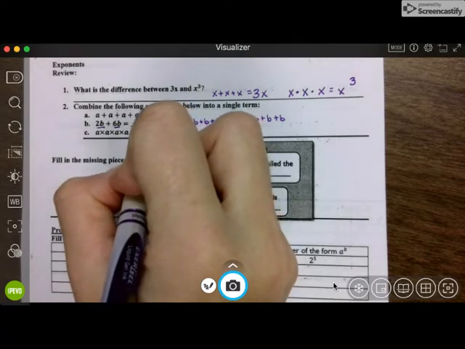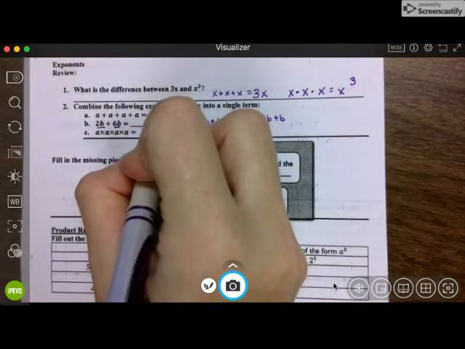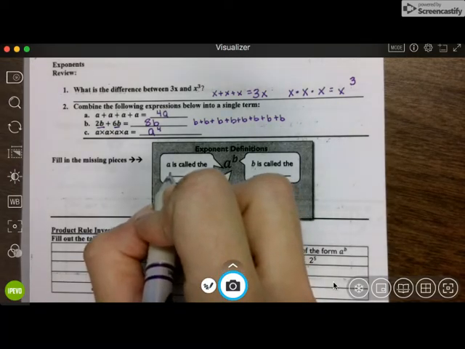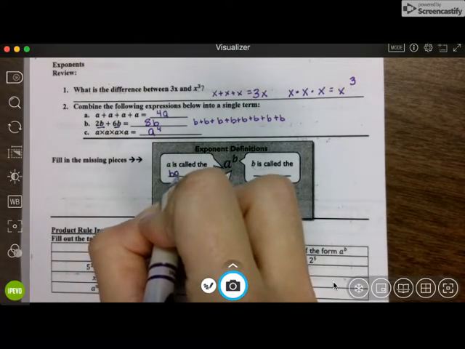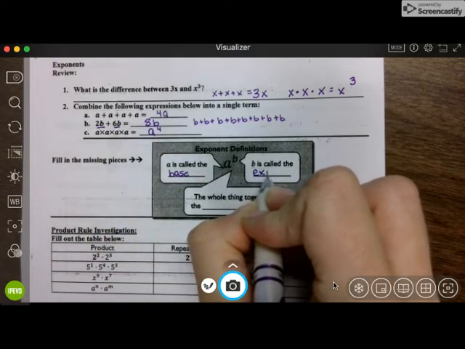So it would be a is the base to the 4th power. Okay? A is called the base. B is called the exponent.